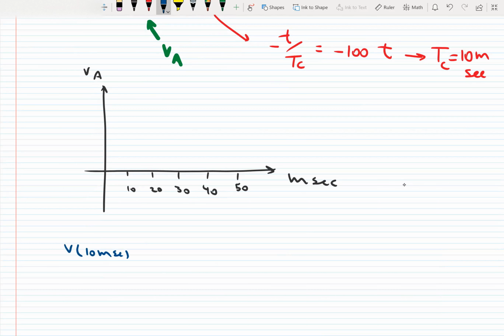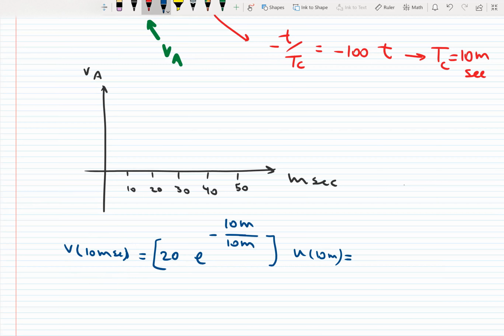V of 10 milliseconds is equal to VA, which is 20, times e to the power of negative 10 milliseconds over Tc, which is 10 milliseconds, times u of t. Of course, u of t is equal to 1 at 10 milliseconds because it's a positive value. So instead of u of t, let's say u of 10 milliseconds.